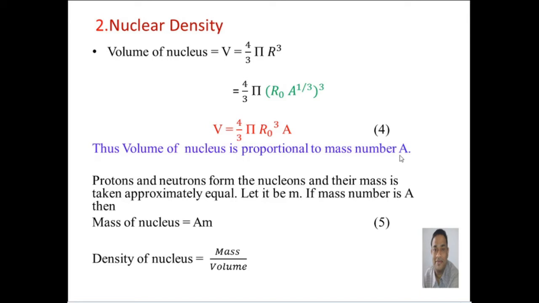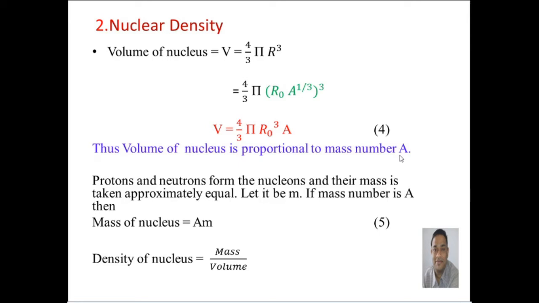Now, the protons and neutrons which constitute the nucleus are roughly of the same size. They have nearly the same mass, 1.67 × 10^-27 kilogram.